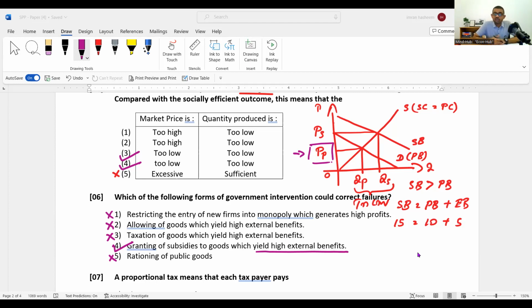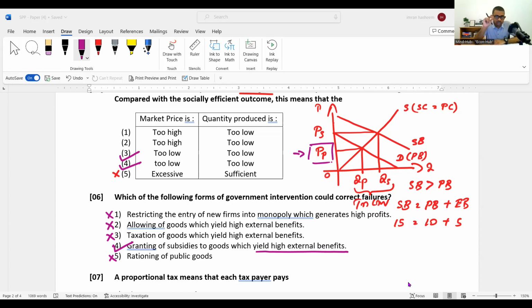Restriction of entry? If we first answer, if we restrict, what will happen? We are encouraging a monopoly. We shouldn't restrict. We should encourage new firms to come in, create competition, and through the competition, we can correct market failure.